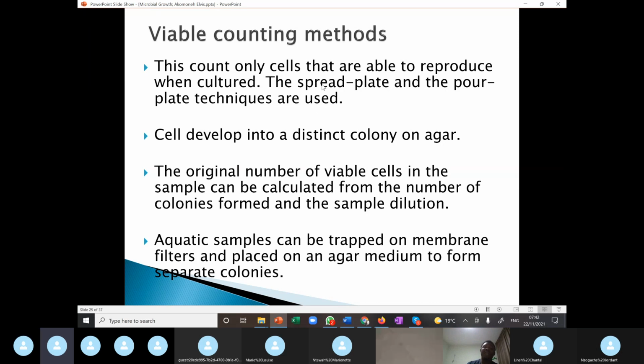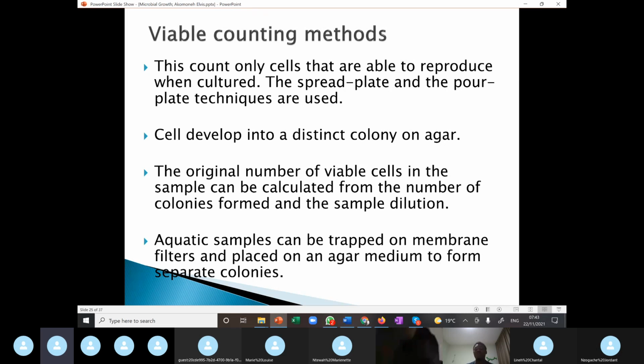So when we dilute, we could have different dilution factors: 1 in 10, 1 in 100, 1 in 1,000. So we'll look for the dilution factor that will have cells between 30 and 300. And within that dilution factor, we count the number of cells that have grown.